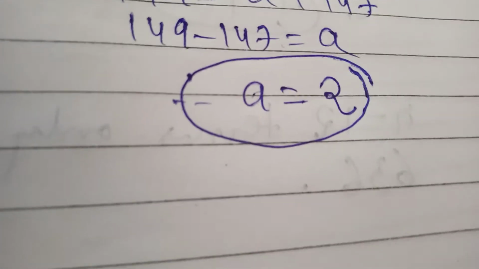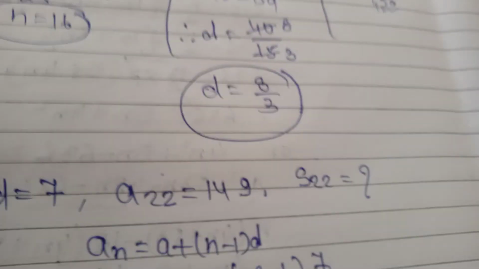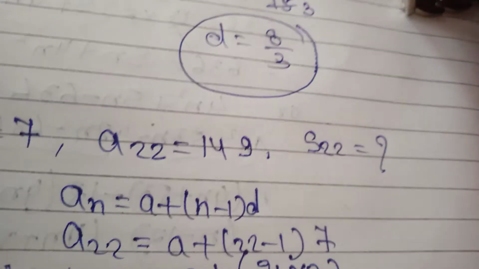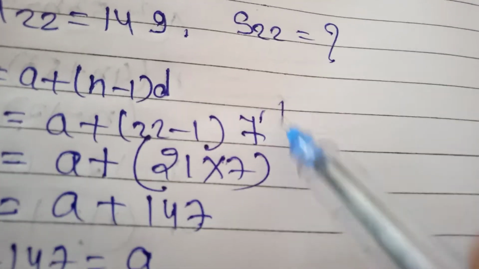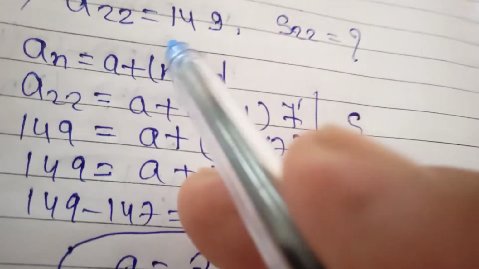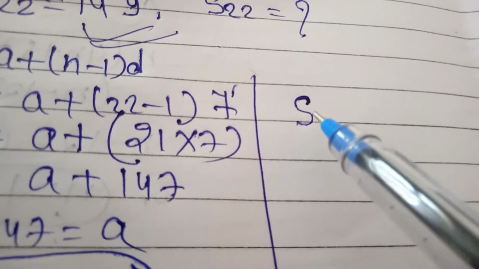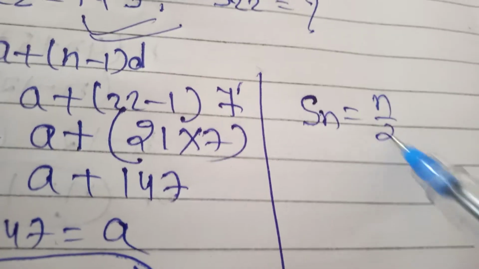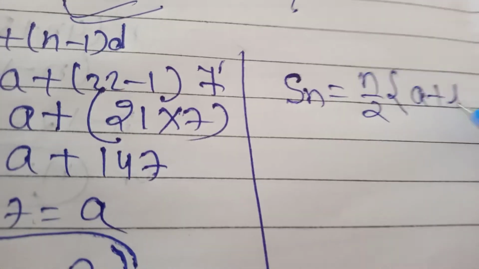We got the first term 2 now. What do you have to find? You have to find the sum of first 22 terms. Which formula are we going to use? See, the last term is given. So we will use this formula: Sn is equal to n by 2 times (a plus l).